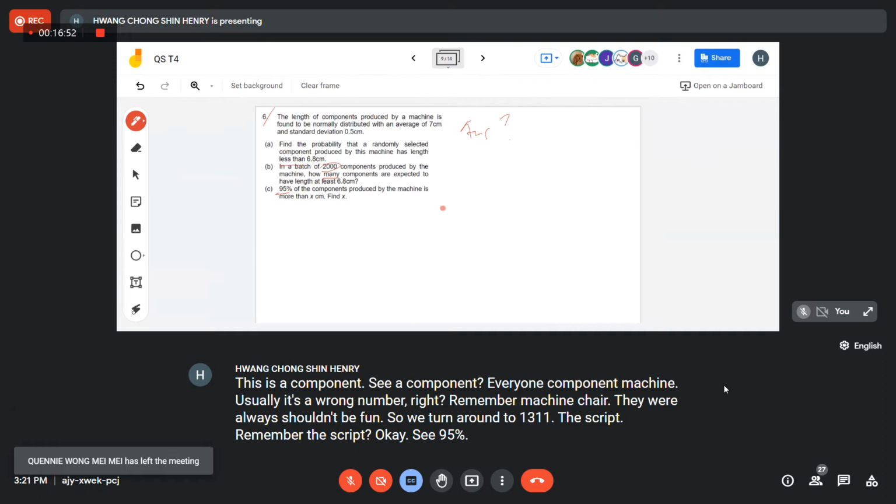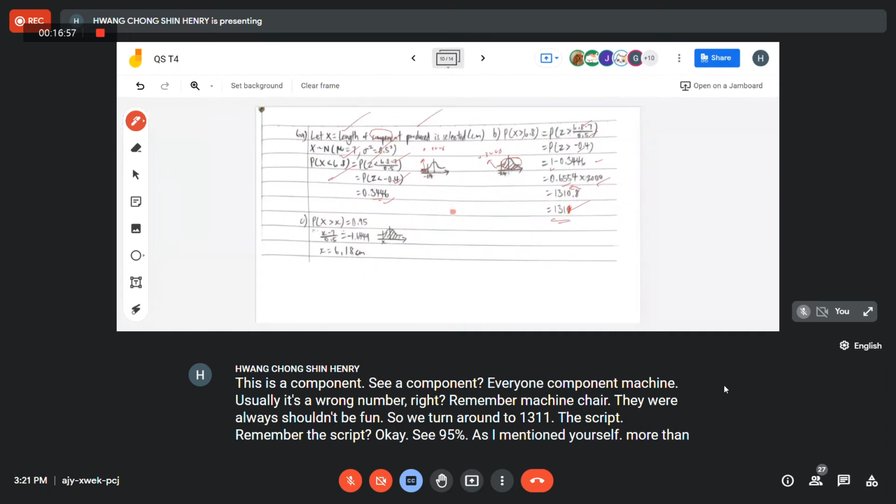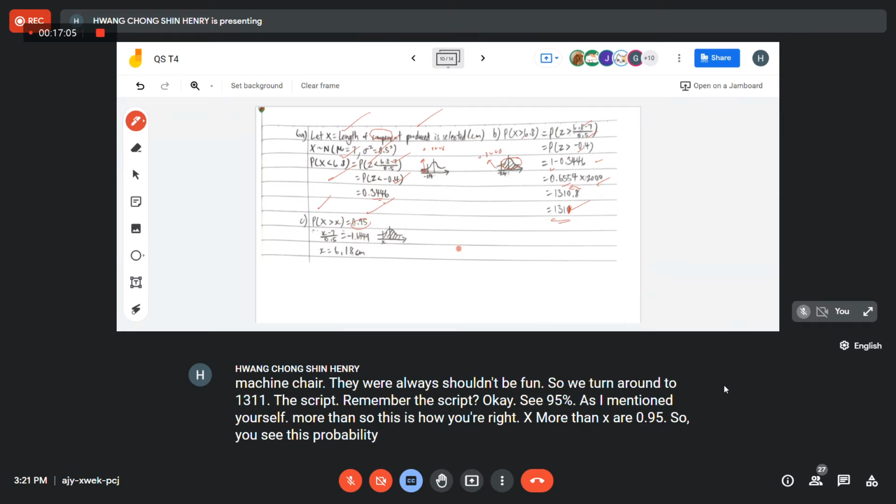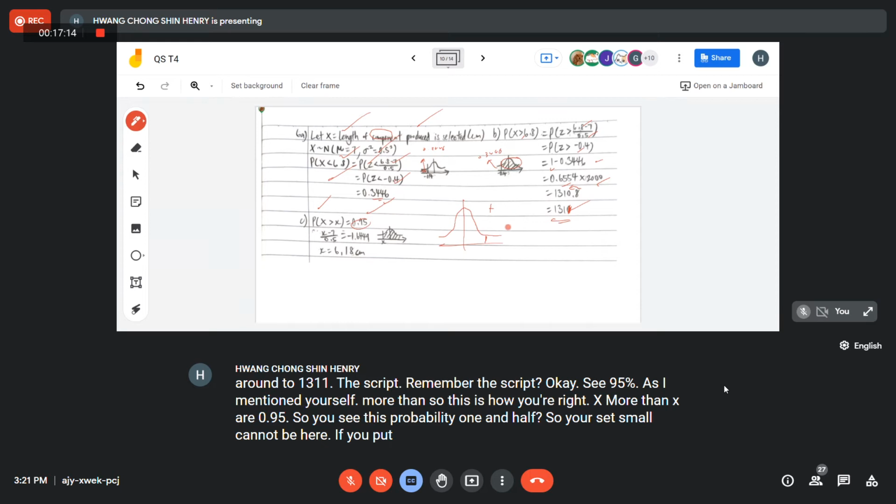Okay, C. 95%, as I mentioned just now, more than. So this is how you write. X more than x, 0.95. So you see this probability is more than half. So your Z score cannot be here. If you put your Z score here positive, more than right inside, right? This is not logical.